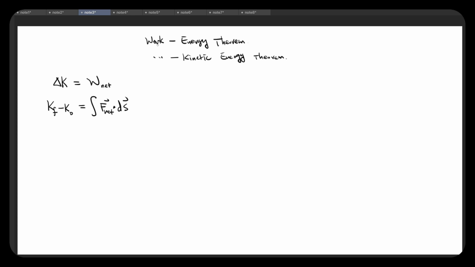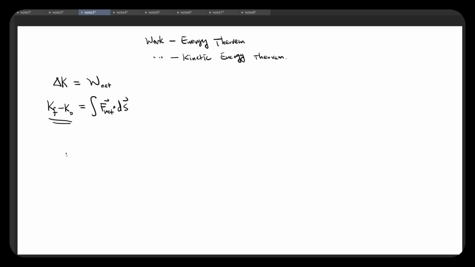Okay, let's look at one example, so that I can show you how to calculate net work. That's our main focus here. How do you calculate net work? Because the left side is just a definition, right? You figure out an object's initial kinetic energy and final kinetic energy, and then the key thing is how to calculate the right side. What is the work done by a net force?